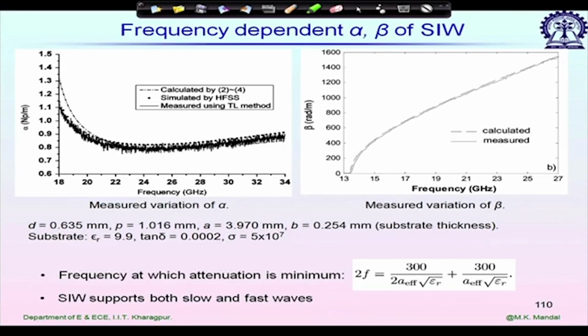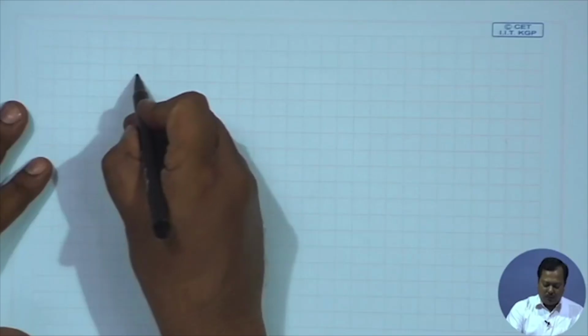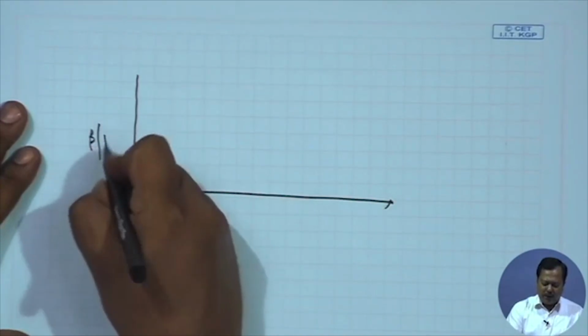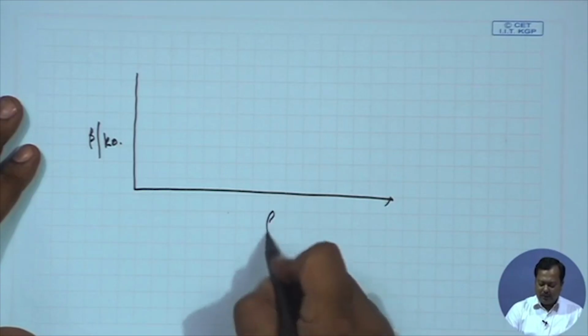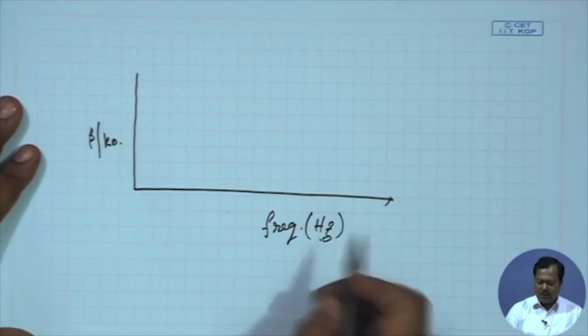And one more interesting thing, SIW supports both slow wave and fast wave. If I plot beta by k naught instead of beta, how does the plot look? Let me plot it. We are going to plot beta by k naught, normalized beta, versus frequency in hertz.